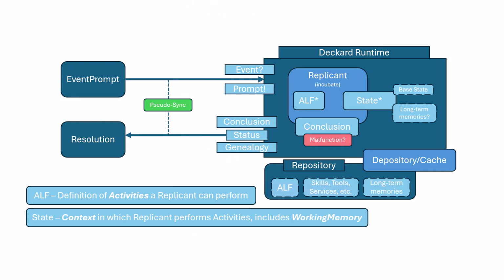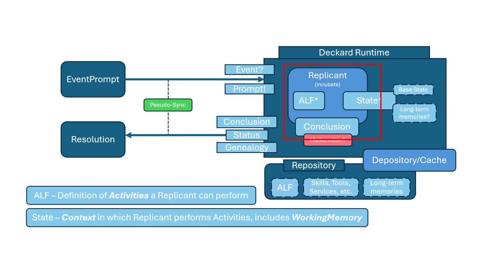So to summarize, the idea here is that the runtime receives event prompts. It's an event prompt processor. From that information in the event prompt, it will incubate a replicant, which is, you can think of it just as running code, right? Some of the terminology here is just to change a paradigm of thinking.